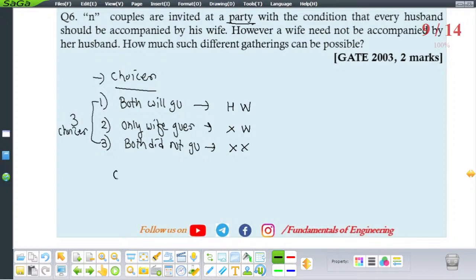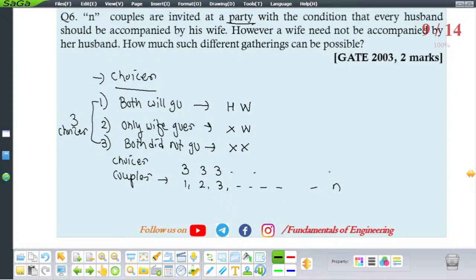So n couples are invited to a party. We were not focused on n couples till now, but now we have to focus on n couples to get the answer. Couples 1, 2, 3 up to n are invited. Among that, there are 3 possible choices for each couple. So whatever answer we get, we multiply: 3 into 3 into 3 up to n.